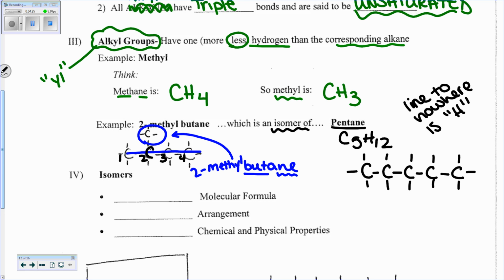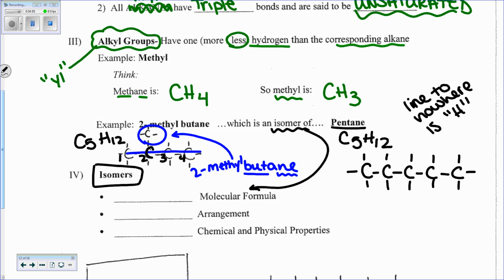So an isomer, well, what's the same about these things? Let's look, because we're going to fill in what an isomer is. So let's compare so we can get these down here. Let's look at its molecular formula. This is C5H12. If I go back over here, there's 1, 2, 3, 4, 5 C's, so C5, and I've got 1, 2, 3, 4, 5, 6, 7, 8, 9, 10, 11, 12 lines to nowhere.